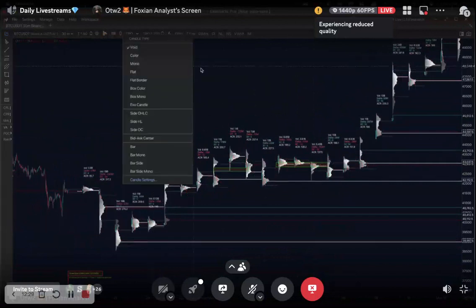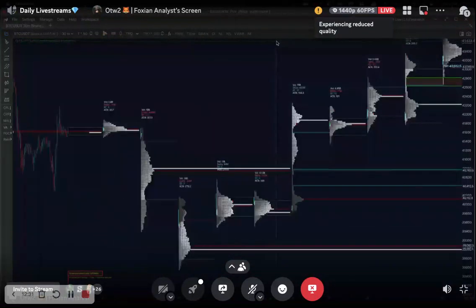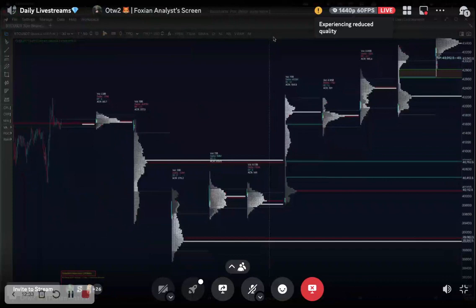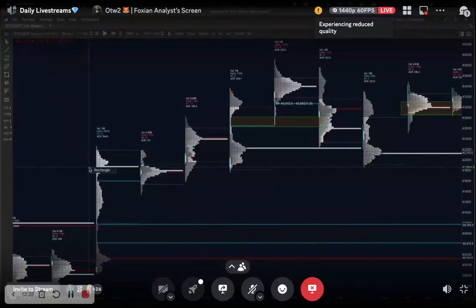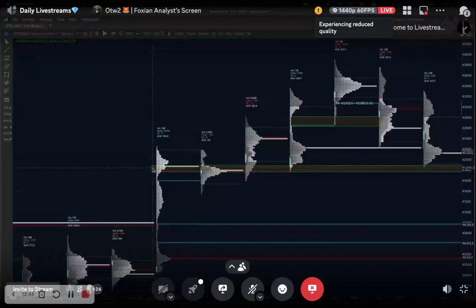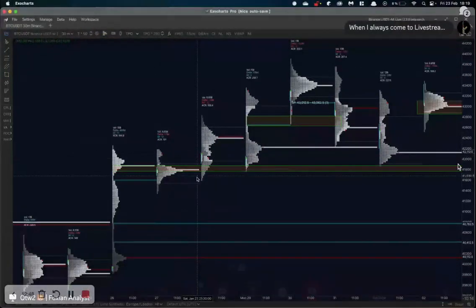So let's look for one last example. Let's take here. Let's do this one. Here, expecting balance here, which means that we're expecting consolidation and bounces off it, right? Because we are developing fair value here, and for some reason we're continuing to go up.